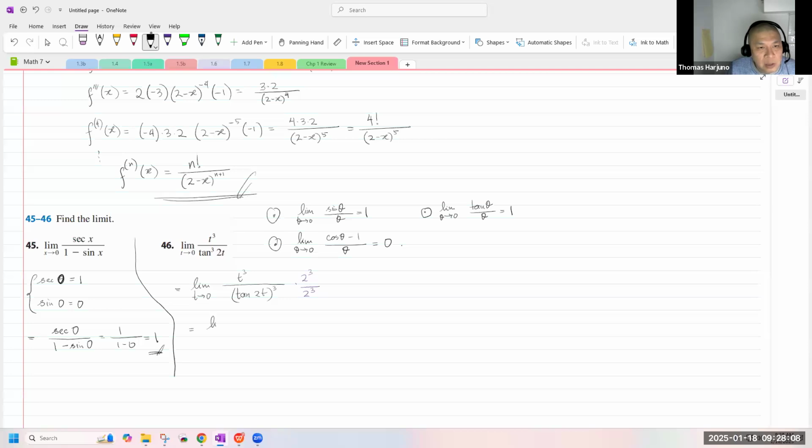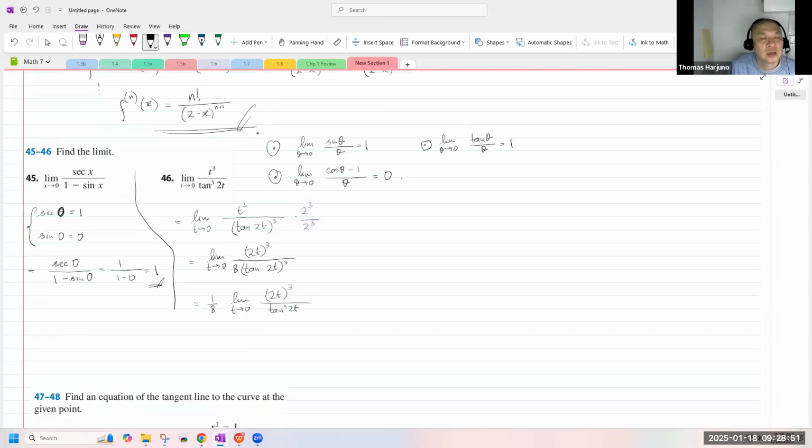So this becomes the limit as t goes to 0 of 2t cubed over tangent 2t being cubed, times 8, 2 cubed at the bottom here. Now then, this is 1 over 8 limit t goes to 0 of 2t cubed over tangent cubed 2t, just to emphasize that the argument is 2t there.